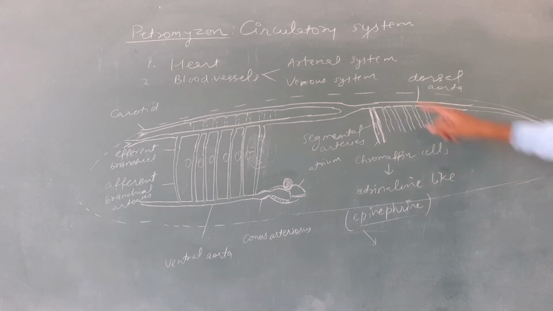Next is the venous system. This venous system comprises the caudal vein which starts from the tail region.